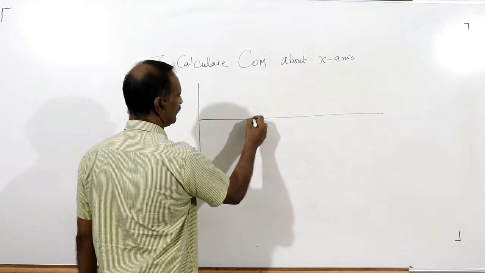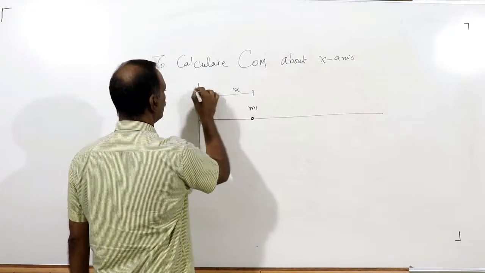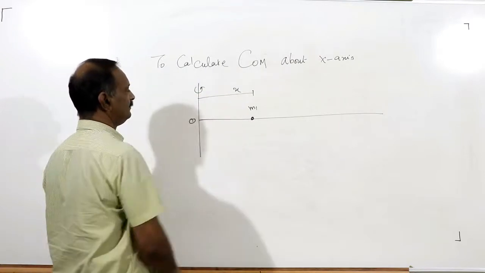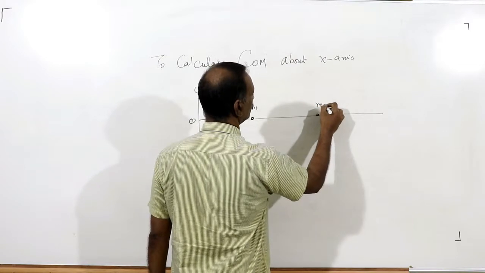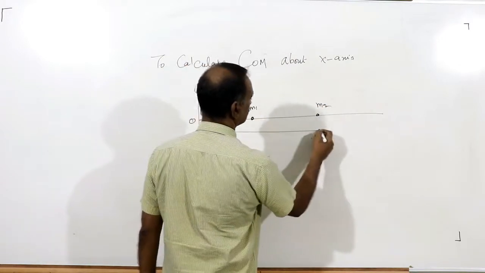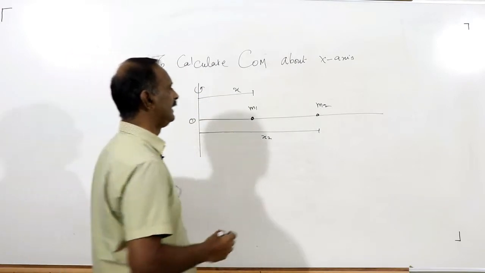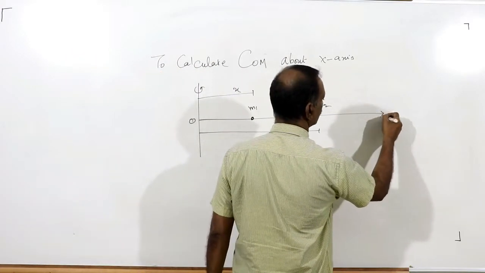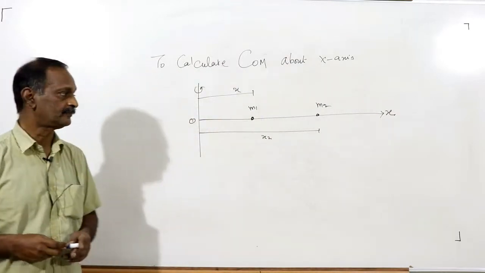One particle m1 is situated here at a distance x1 from the origin, and another particle m2 is situated here at a distance x2 from the origin. So this is the x-axis, this is the axis of rotation.